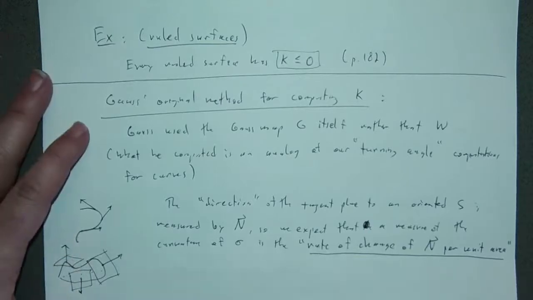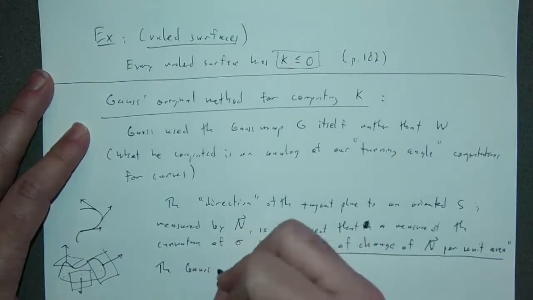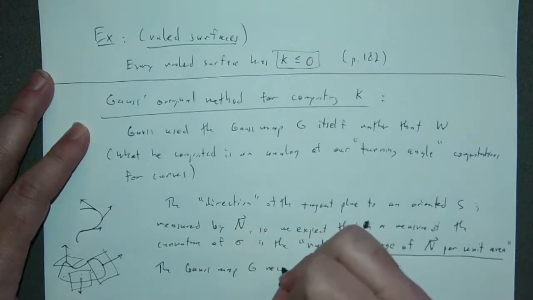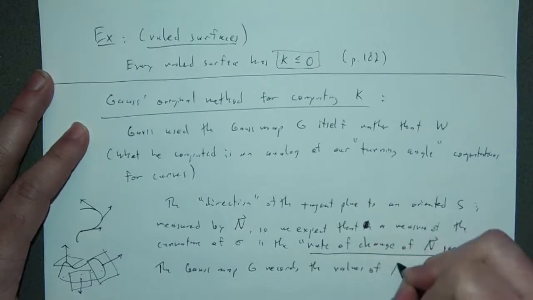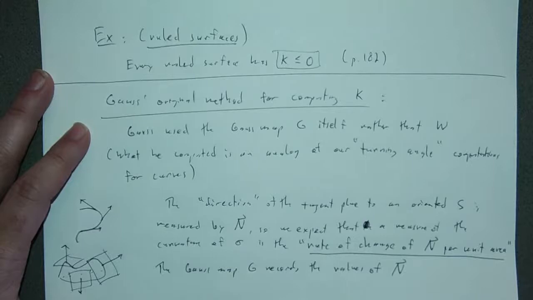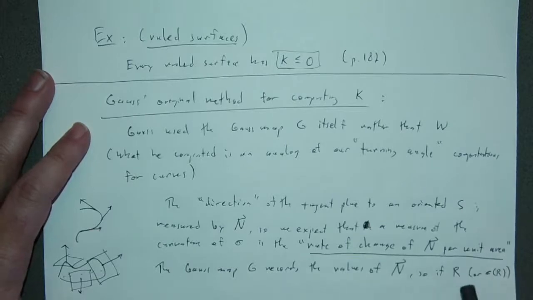Of course, the Gauss map records the values of the normal. Okay, and so if we're wanting to incorporate the rate of change per unit area, so if R, or sigma of R, sometimes the R is the region in the, say, UV plane that we're mapping to, but we kind of identify these regions.